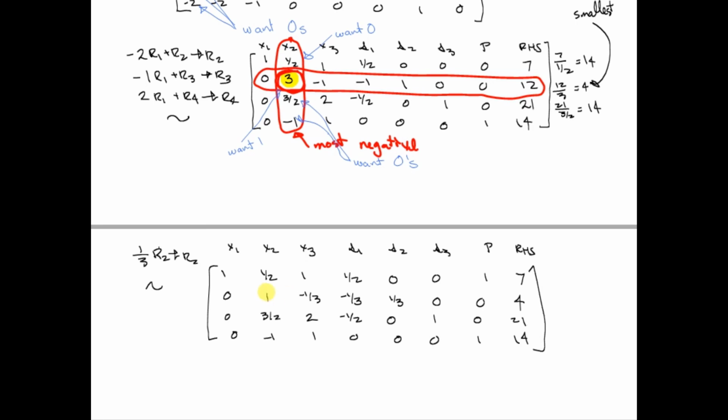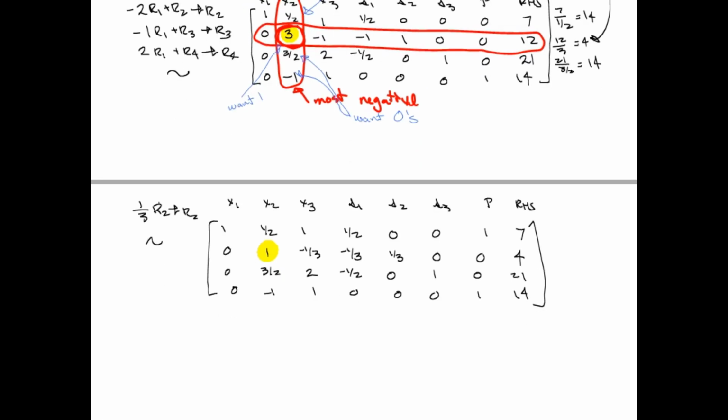Okay, let me highlight my pivot element again so I remember which one it is. There it is. It's that second element in the second column. So now I want to get zeros here, here, and here.